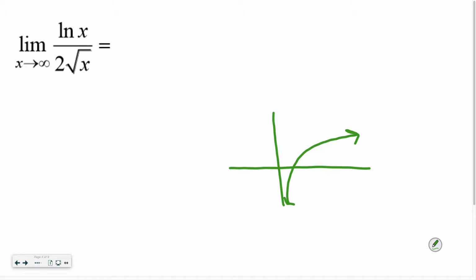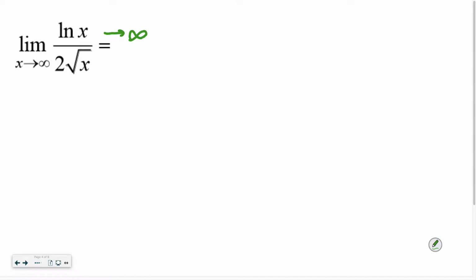So towards infinity, we rise towards infinity. What about the square root of x? Well, I'm asking, towards infinity, what happens with the square root graph?